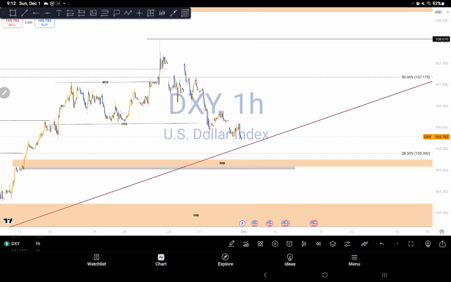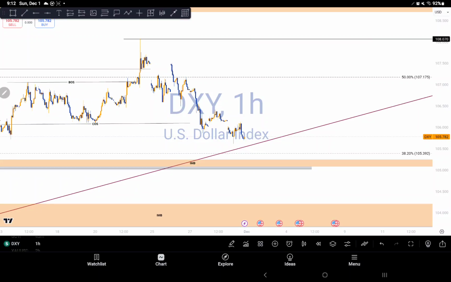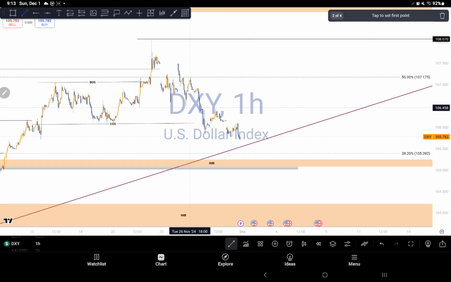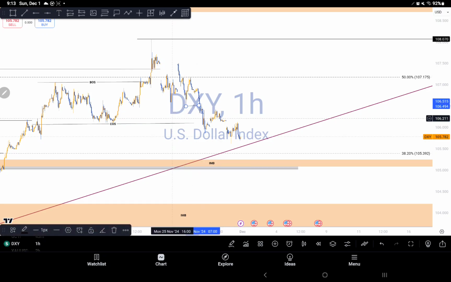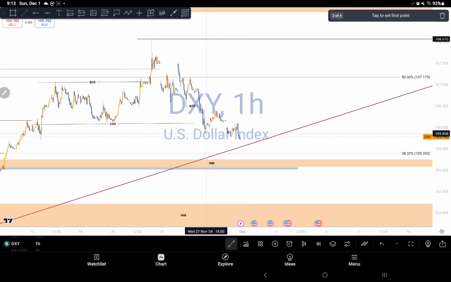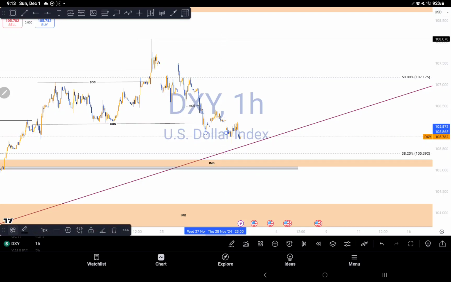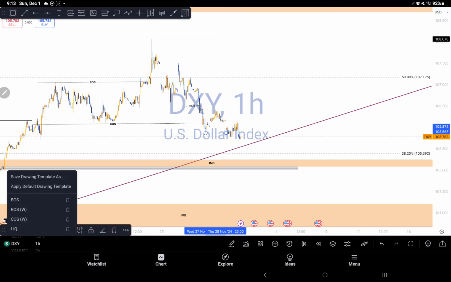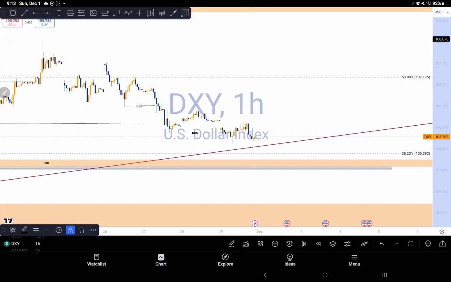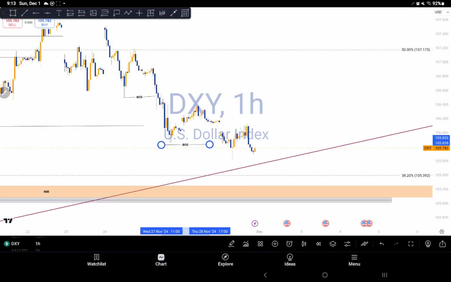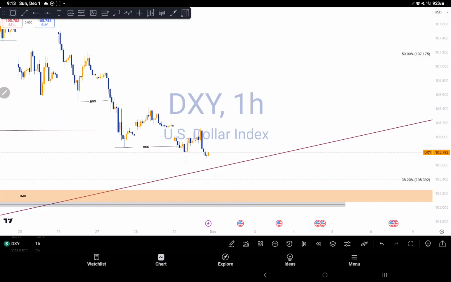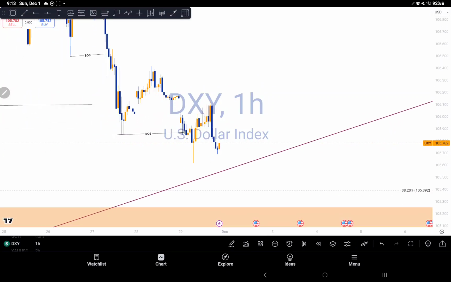But like I said, before you take any trade, make sure that the market, because the market is still on a downtrend. So if you see the internal structure right here, we can see that we are breaking, even despite the fact that the market is kind of choppy, right? It's not that clear. We're still breaking structure either way.